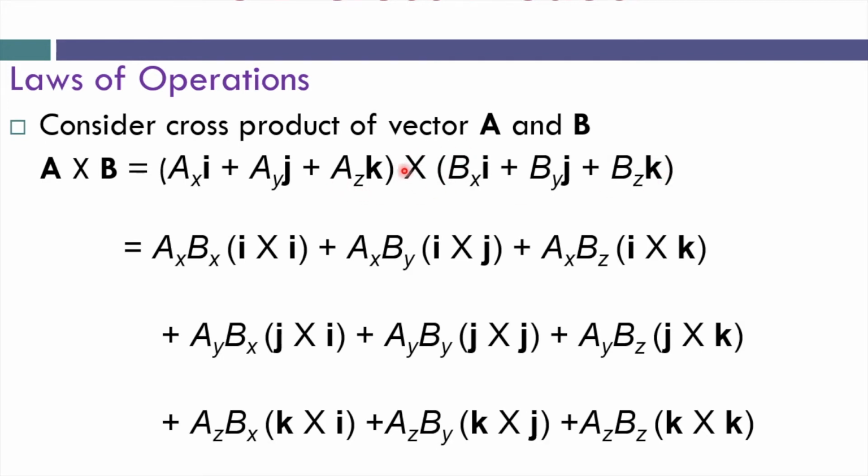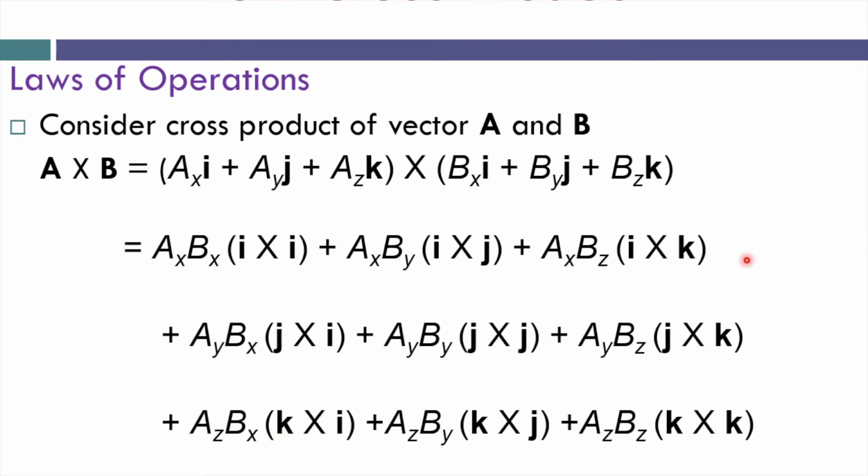When we multiply, a_x i will be multiplied with here, here and here, and then plus everywhere. Then a_y j will be multiplied with here, here and here, and a_z k will be multiplied with here plus here. So when we do the lengthy calculation, here is the answer we got.